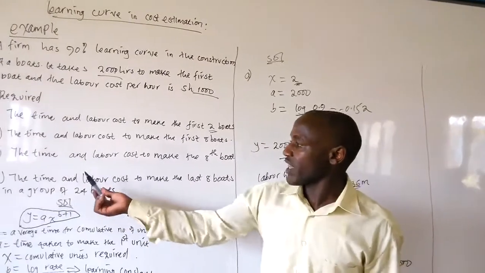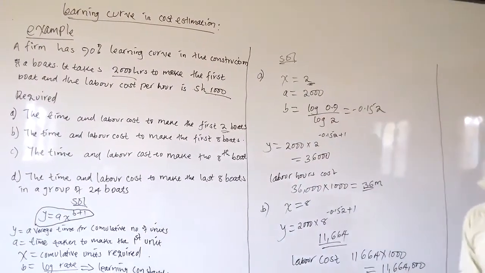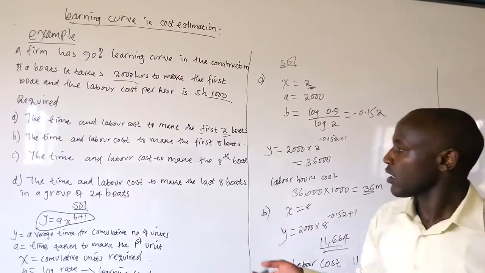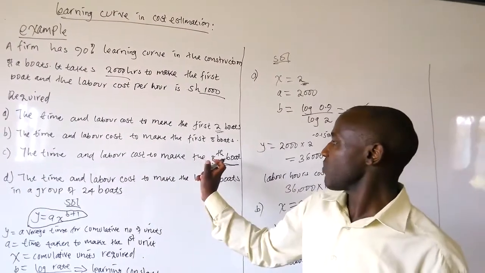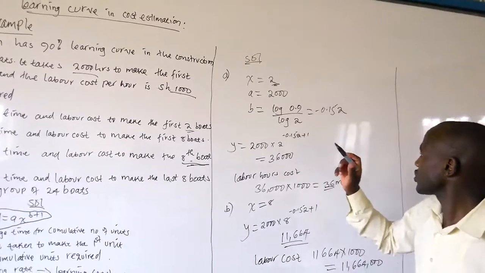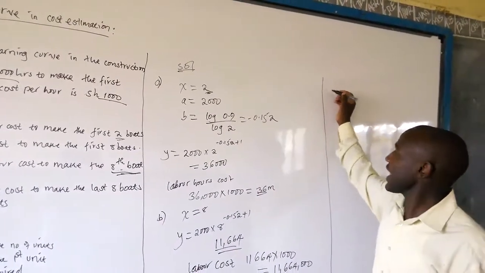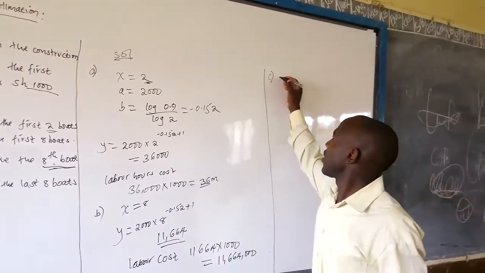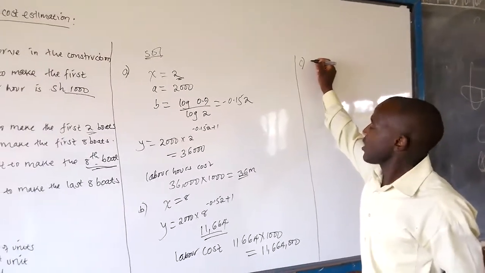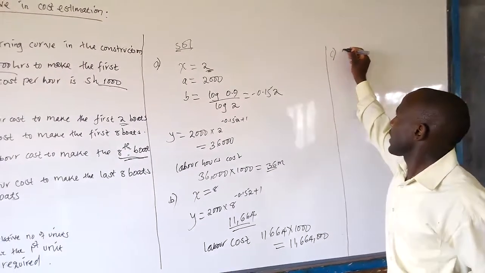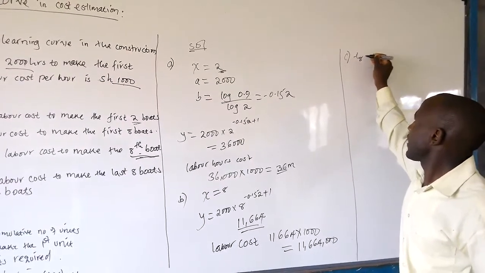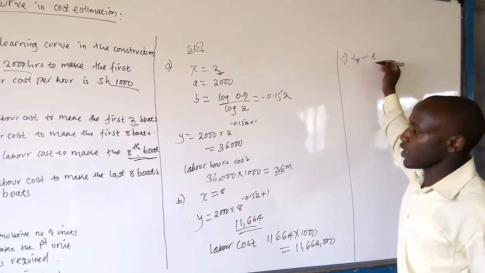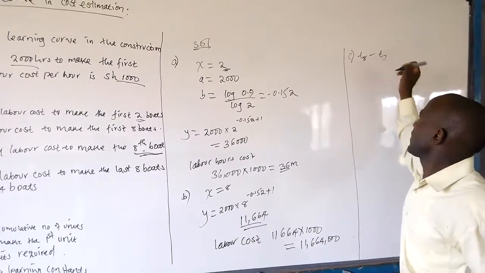Then we go to the next one, where we are given the time taken to make the 8th boat. Now we know this one is not the cumulative 8 but the 8th boat. So for us to get the 8th boat, we get the time taken to make the first 8 cumulative, then less the time taken to make the 7th.